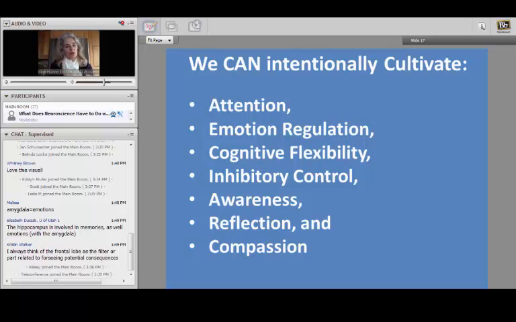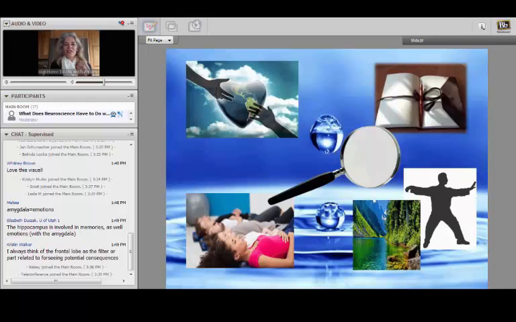So again, we know that we can intentionally cultivate that, and the way that we intentionally cultivate it is pretty funky. And again, it's stuff that in student affairs we're doing, but we're doing it in a 1-hour workshop, or on a one-on-one.